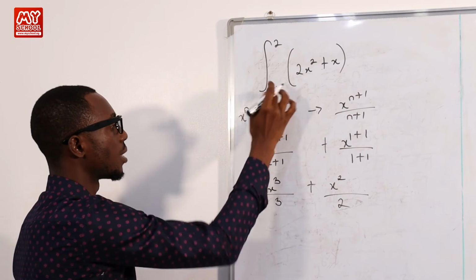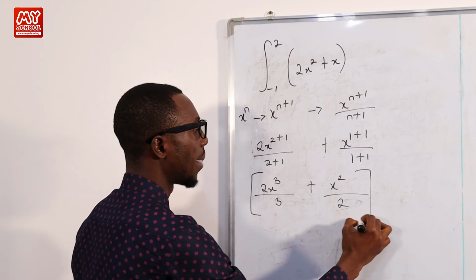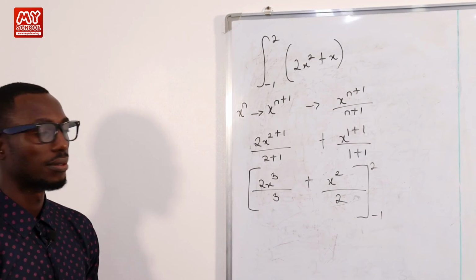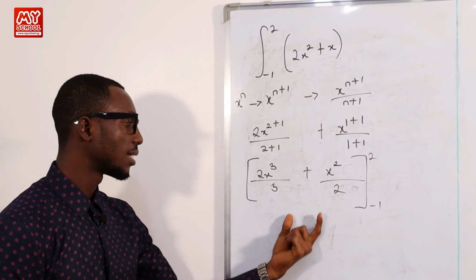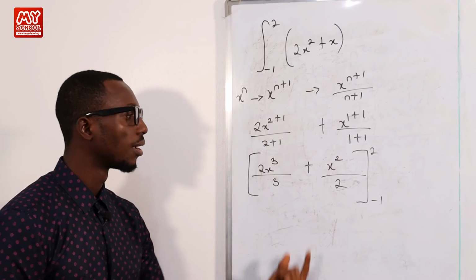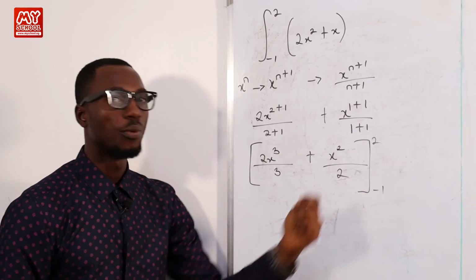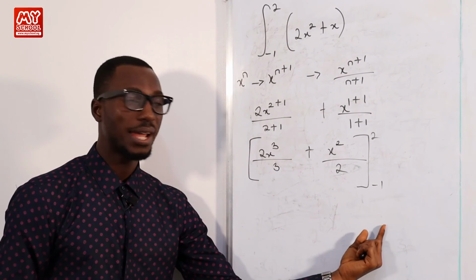So recall that we still have the limits 2 and minus 1. This is very easy. What we're required to do is duplicate this same expression in 2 places. Wherever you find x in the first expression, replace it with 2. Wherever you find x in the second expression, replace it with minus 1.